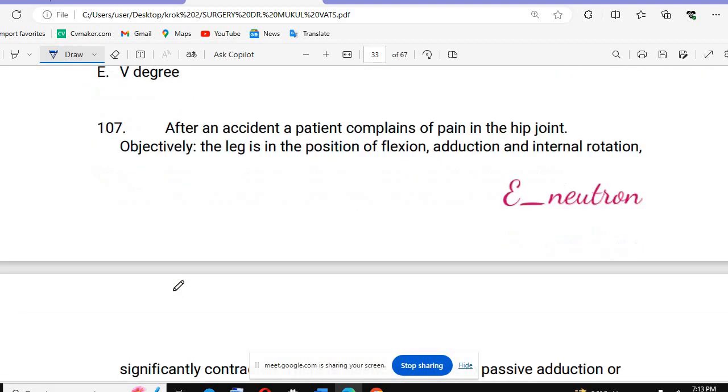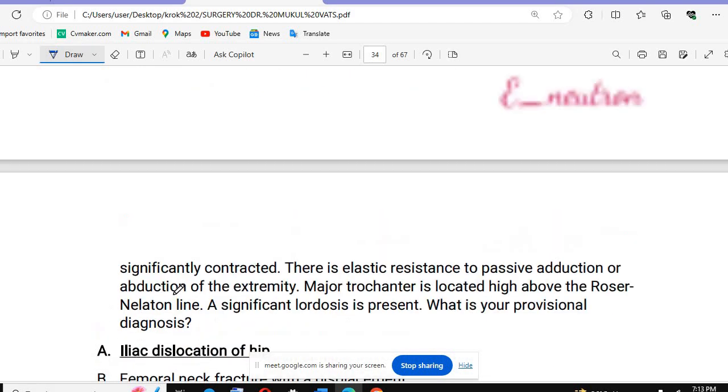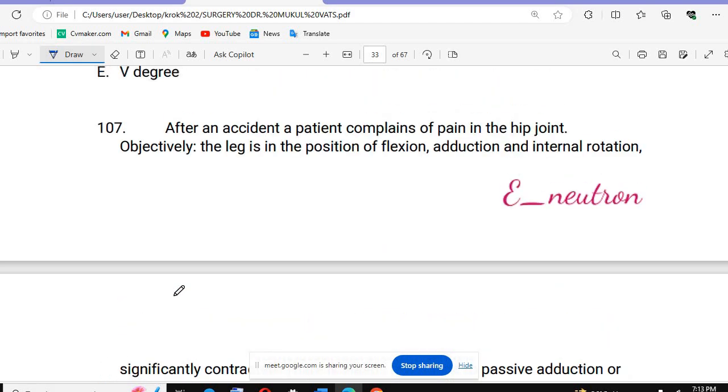We already discussed all these types of frostbites, so revise that topic. The next question is about a patient who complained of pain in the hip joint. We have seen that the patient's leg is in the position of flexion, adduction, and internal rotation. So you can see FADIR. What is that?